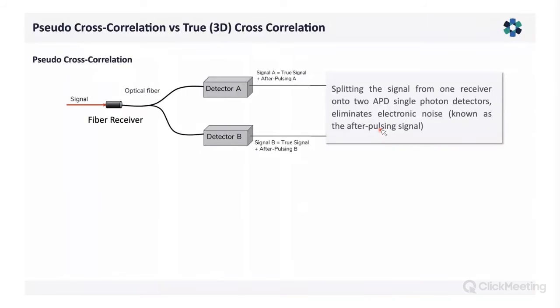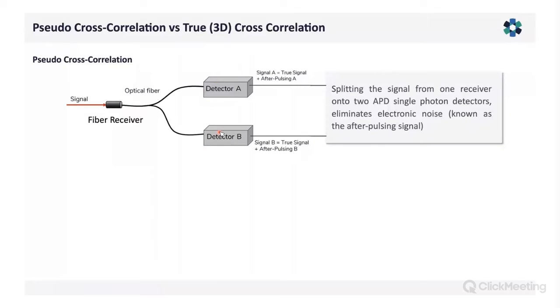This has nothing to do with multiple scattering suppression. In a classical DLS experiment, you would take the light that you detect with your fiber receiver, and instead of guiding it only to one photon counter, you split it with a split fiber and guide it to two, and then you cross-correlate the signal with itself. So instead of correlating the signal with itself on one detector, you do it on two.